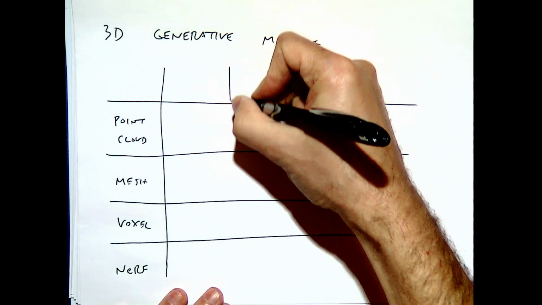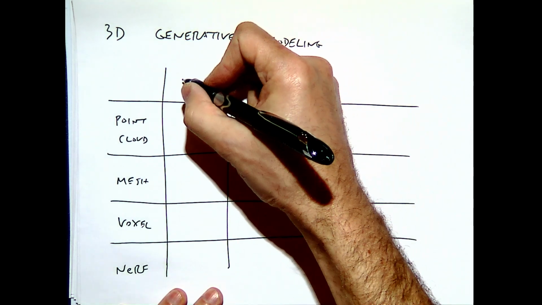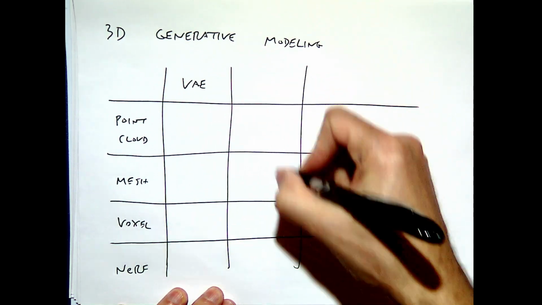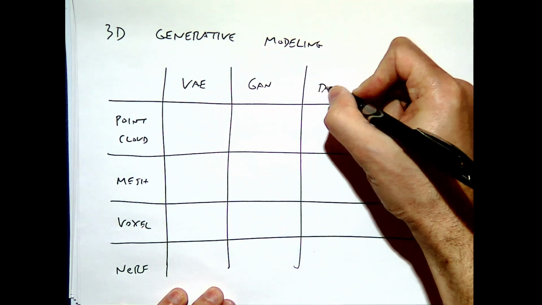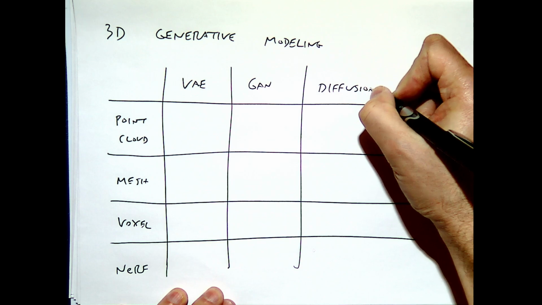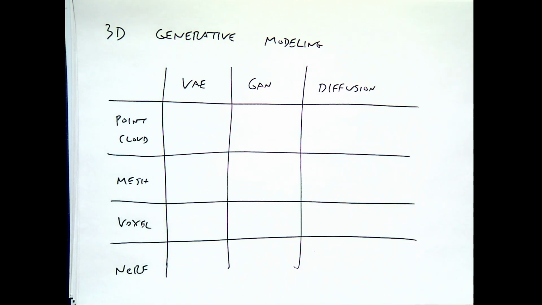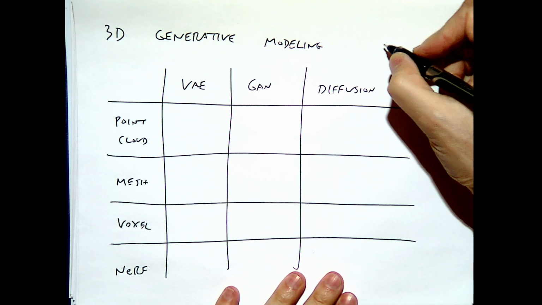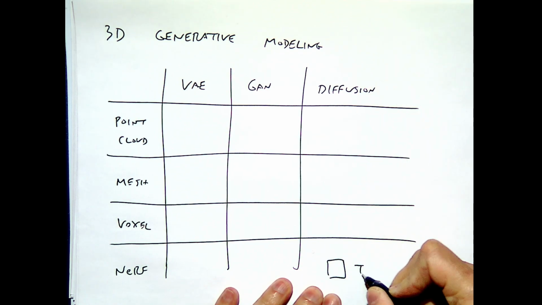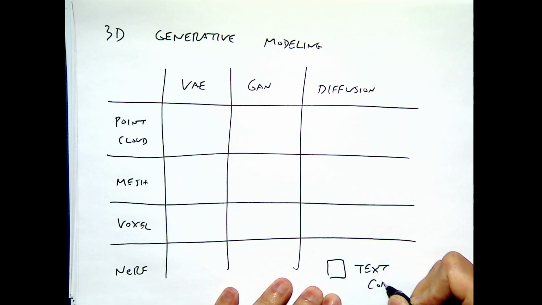And on the other axis, I could have VAE, GAN, diffusion model. And then on top of that, I could have a checkbox that says whether there is text conditioning. Like, could you type a prompt and get a response?